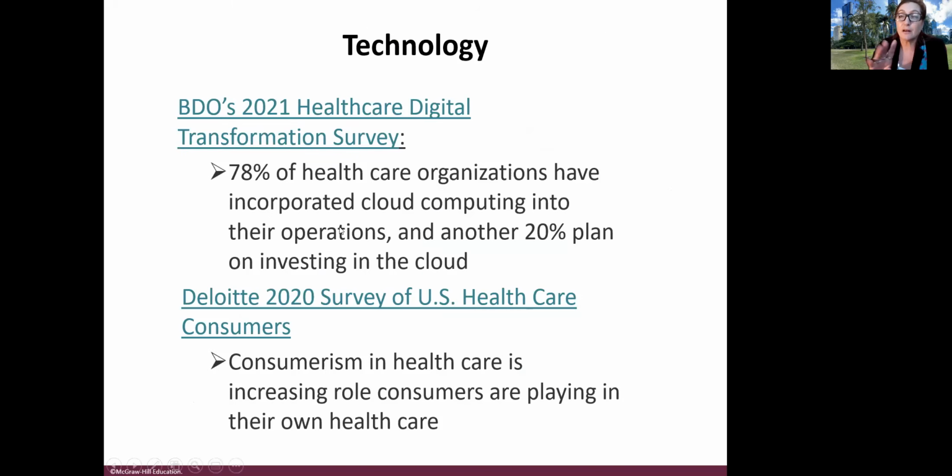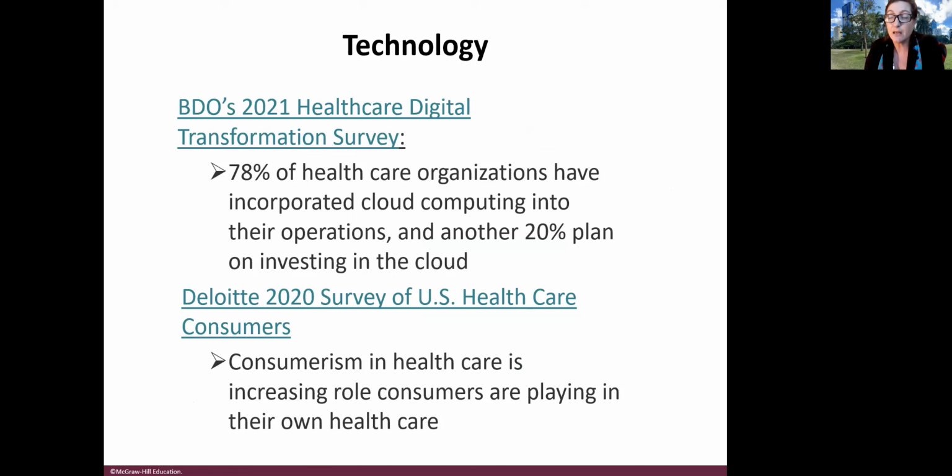So the last, we've talked about P for politics, E for economics, S for sociocultural. Now let's talk about T for technology in terms of the macro environmental analysis. And specifically, I've focused on healthcare industry here.